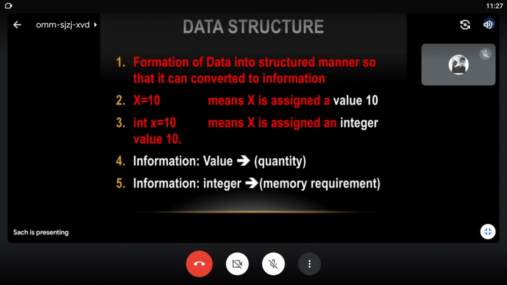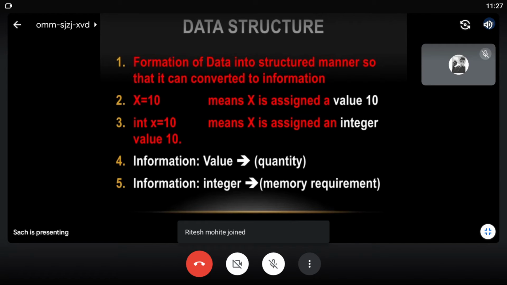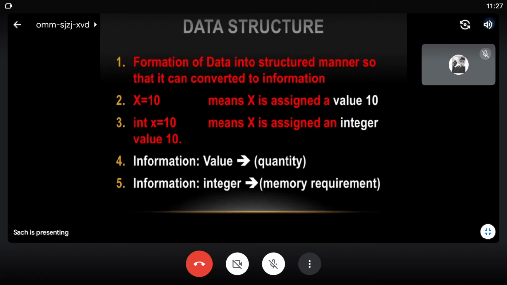And when we say it is an integer data type, we should remember that it estimates the memory requirement. It directly tells us that we require some amount of RAM to execute your program. To calculate the amount of memory required in your program, we estimate the data types.